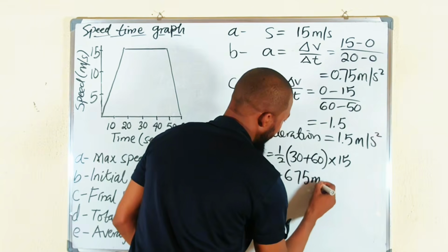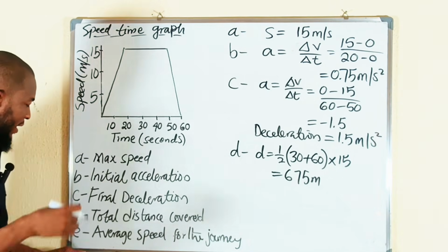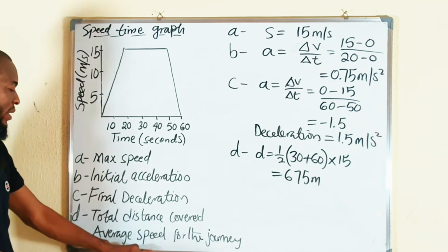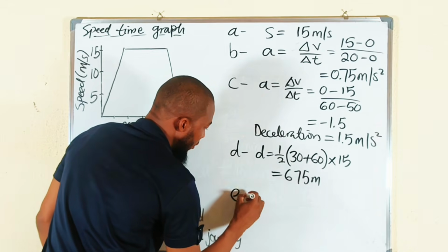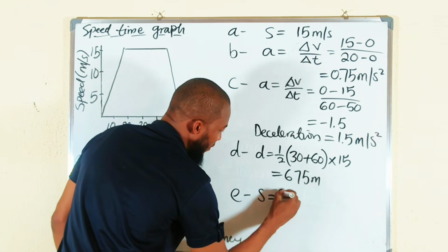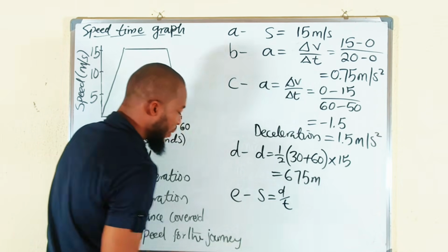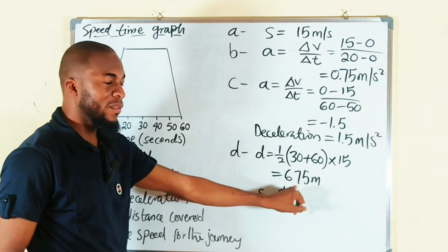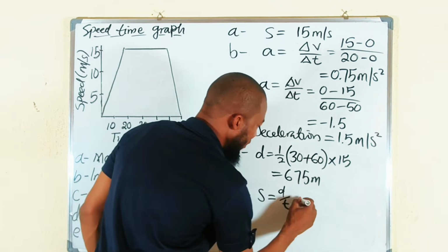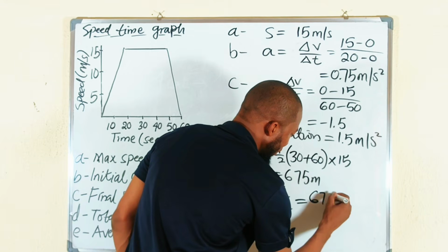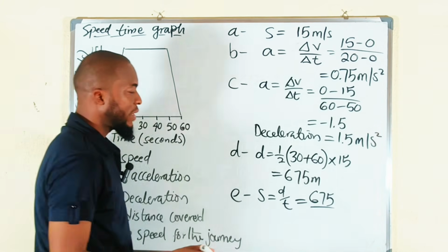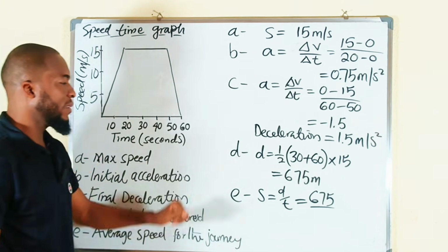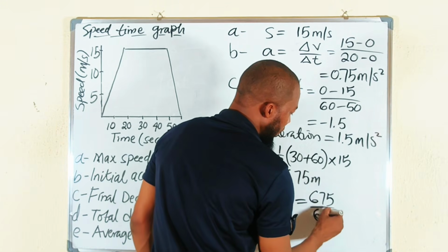So this is 675 meters. And the final question here says we should find the average speed. So speed is equal to distance divided by time. And here we're talking about the entire journey. So what is the distance covered? It's 675. 675 divided by the total time, which you can see is 60.